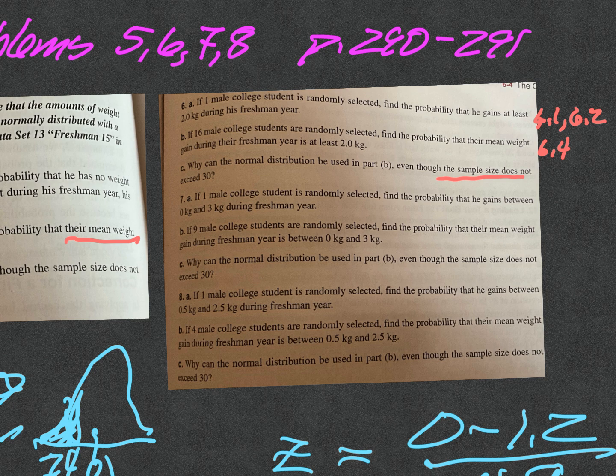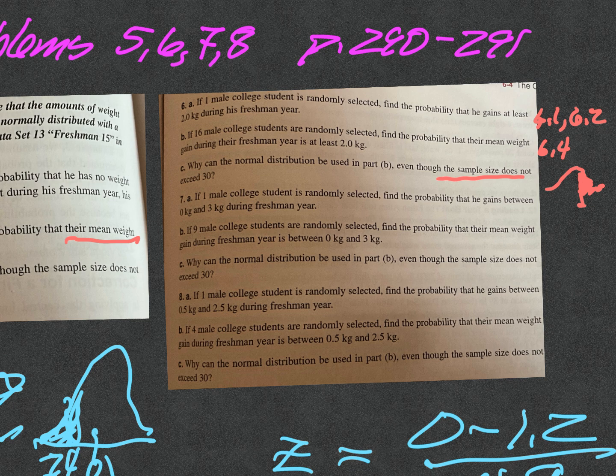Then they go to 7A and B, and really it's the same questions as we've done before. They're just doing different probabilities. For instance, in the 6 problems, the probabilities are going to be greater than a value, so we have to use the 1 minus.